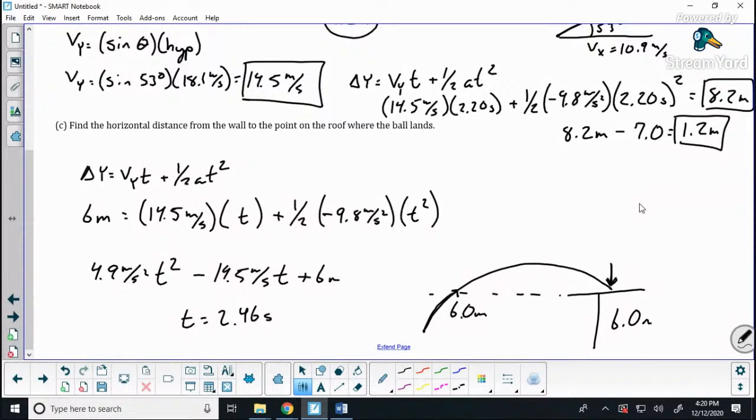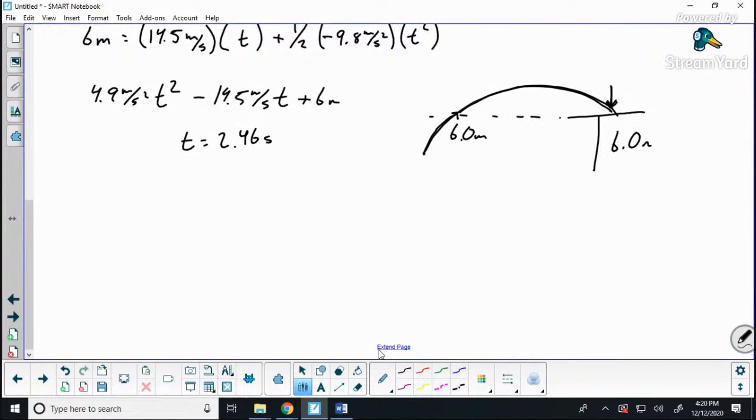The 2.46 seconds will be the time that it reaches 6 meters on the way back down. And now that I have that time, this is when I can look at the equation that velocity is distance per time and rearrange it. So velocity is distance per time, or distance equals velocity times time.